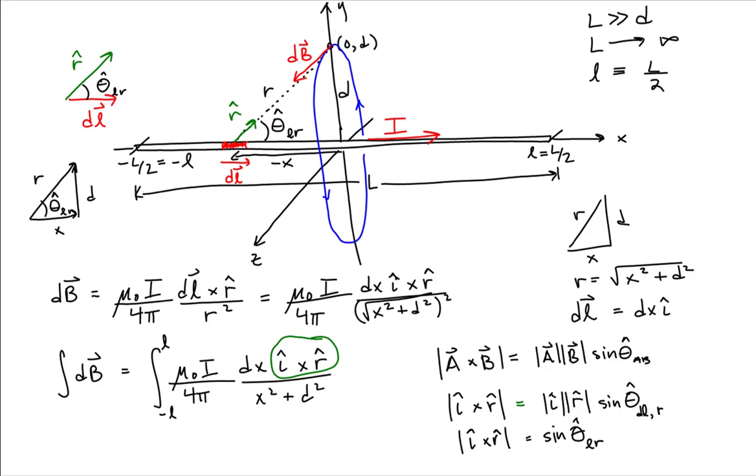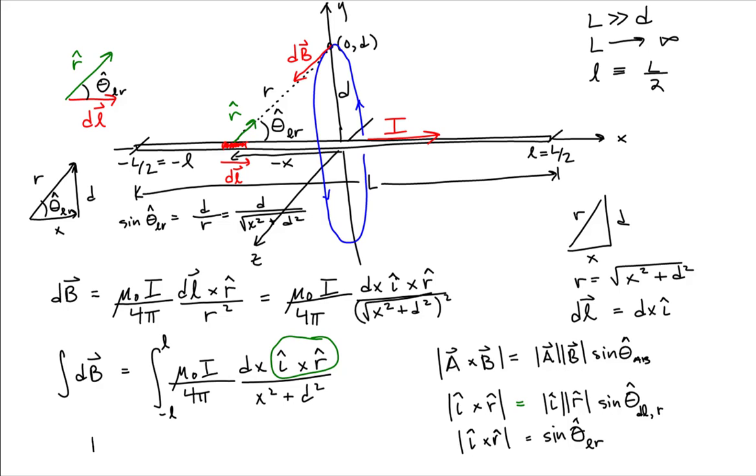So we could look at this and recognize that the sine of this angle is equal to the opposite side over the hypotenuse. And that opposite side is D, and the hypotenuse, remember, is the square root of x squared plus d squared.